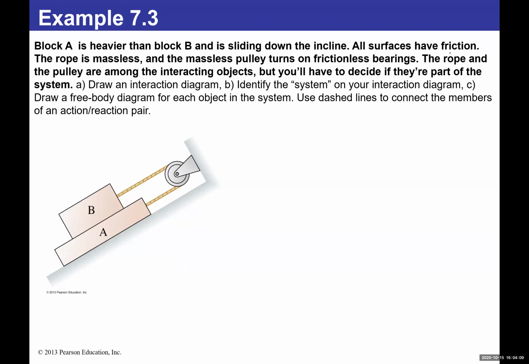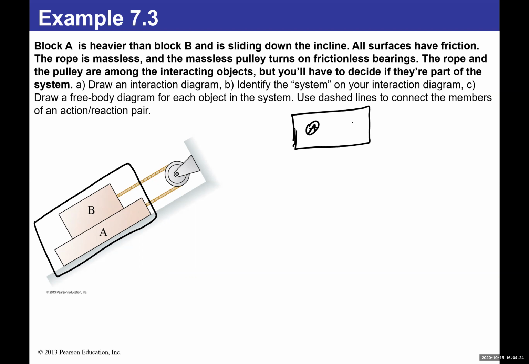So the two things that are interacting with one another directly that we want to consider are B and A. So we make an interaction diagram, where I can say, all right, here's A and here's B. They're sitting on top of each other, so they exert a force on one another.